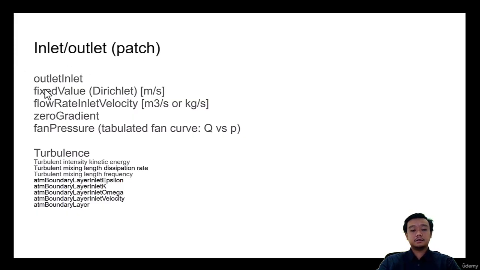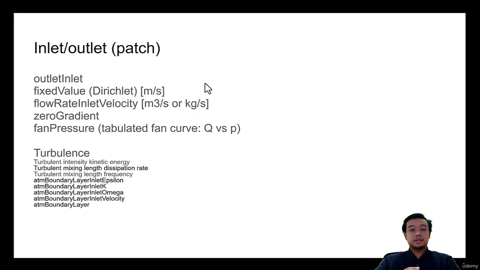We also input a fixed value, let's say for the velocity, which is the Dirichlet condition. We can input a specific value in x, y, and z, and in fact we commonly use a uniform value of 0, 0 and something.